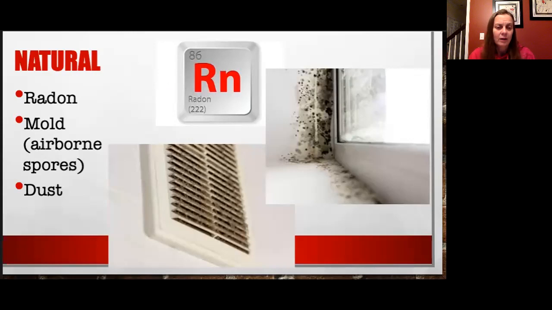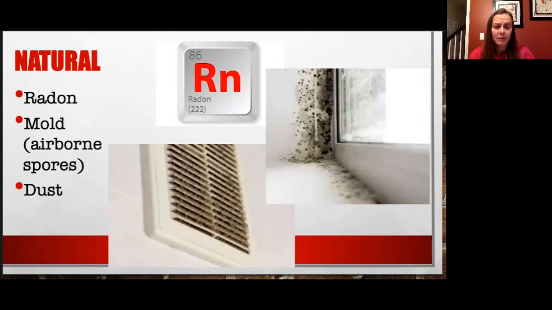It is a very common indoor air pollutant, particularly in areas with large amounts of what we call bedrock, so homes that are located over rock. Radon is less of an issue here in the Hampton Roads area because we aren't located on bedrock, but it is a significant problem the farther west you go in our state. And it can be an issue here as well.